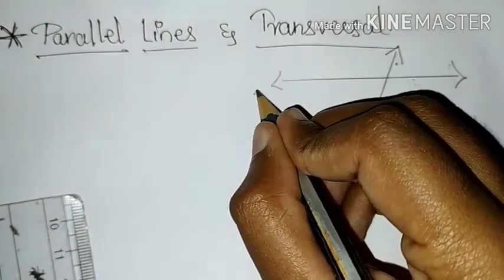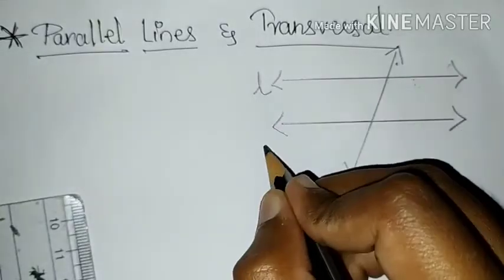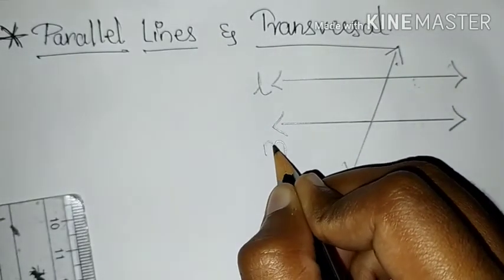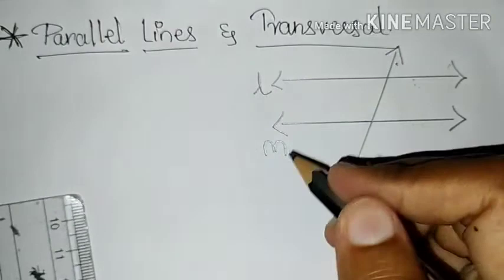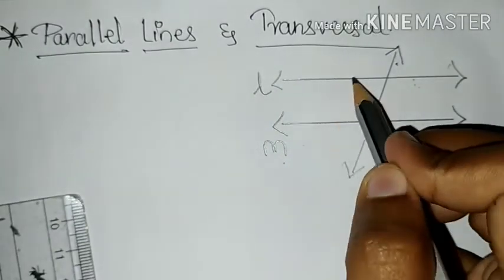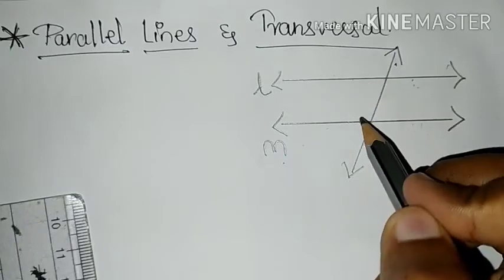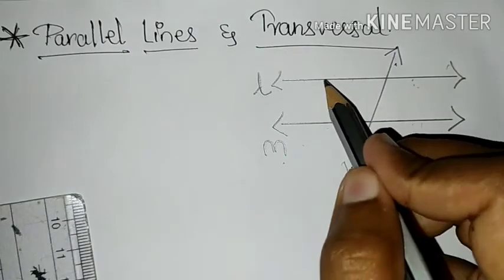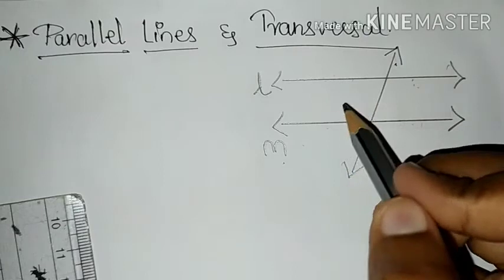Let's name them line L and line M. Line L is parallel to M. That means the perpendicular distance between these lines is constant, or the lines never meet each other.